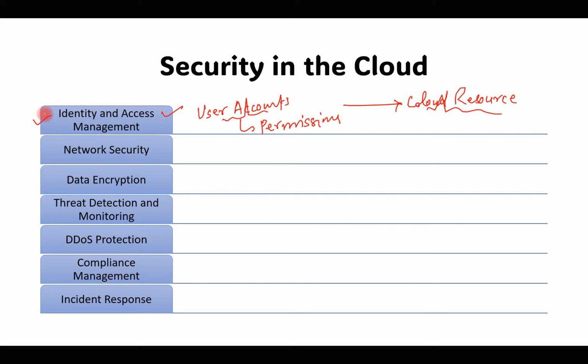So it's a centralized control over who can access what, how they can access it, and what they can do. Now, where to use this particular service? We can use this service to control access to all cloud resources, which includes compute, storage, network, and applications. We can also use role-based access control for granular permissions.